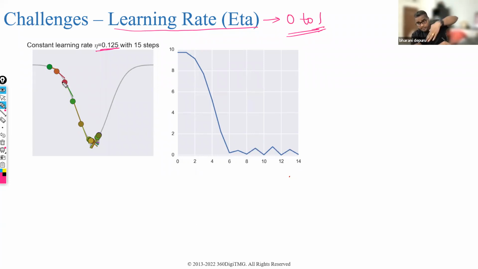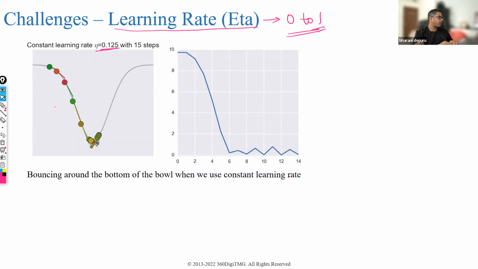Where there is a steep slope, the update will be large. And then at the bottom, it will keep bouncing around the ball. It will go there, it will come here. It will never reach the minimum. This is called the bouncing around the bottom of the ball problem. It arises when you use a constant learning rate.